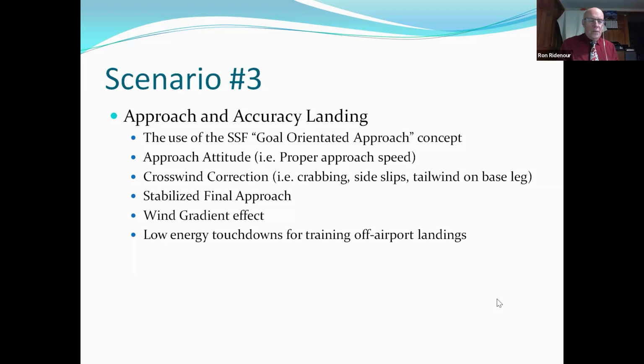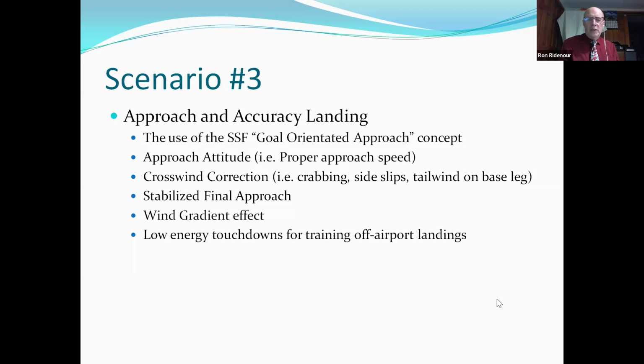It's because you'll have a sector of pilots that think that a wind gradient will make you go long, and you have a faction of pilots who think a wind gradient will make you fall short. I'm here to tell you that you're going to fall short if you fly the glider through the wind gradient. As you come down into a lessening headwind, intuitively you would say, I'm going to go long.